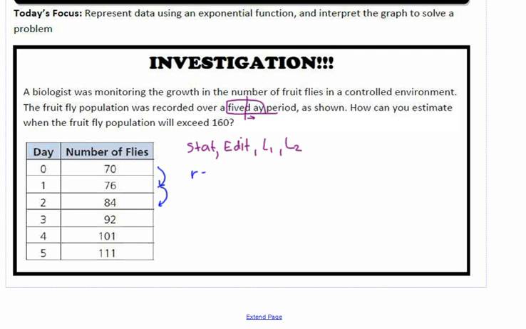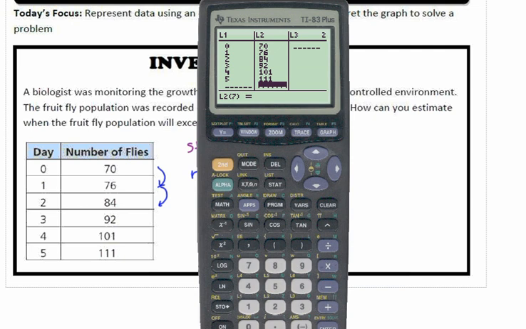Some of you dealt with this if you took 20-1. So 76 divided by 70 gives you approximately 1.09, which is the rate.